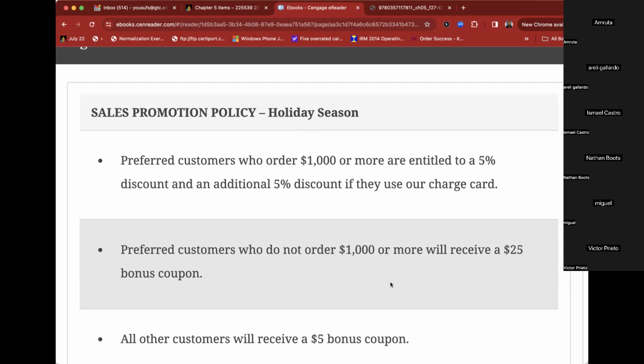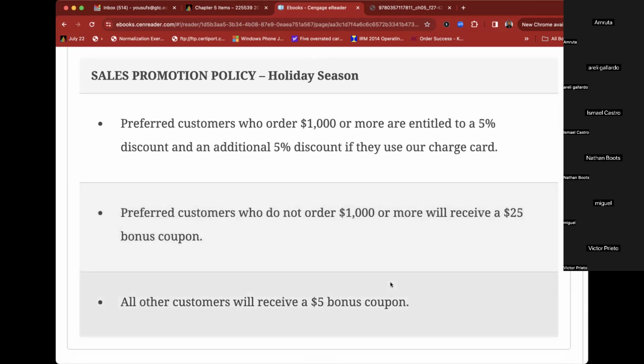The mode of payment makes no difference. All other customers who are not preferred, it doesn't matter if they use a charge card or not, or make an order of over $1,000 or less than $1,000. All of those factors do not matter because you are not a preferred customer. You only get $5 off.